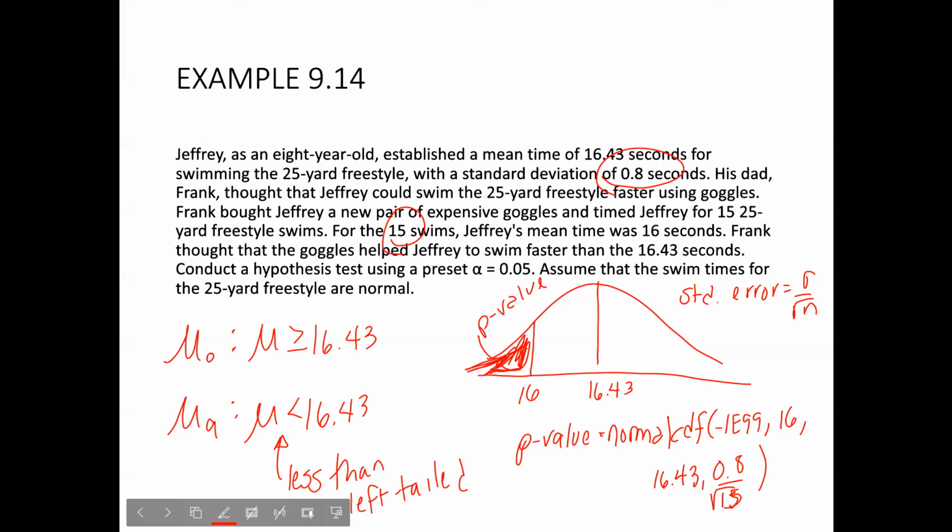So I'm going to go to my distributions. We're going to do a normal CDF, number 2. Lower limit is negative infinity, upper limit is 16. The mean is 16.43. And the standard deviation is 0.8 divided by the square root of 15.